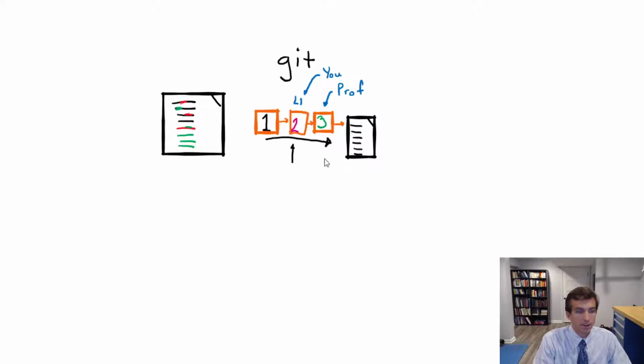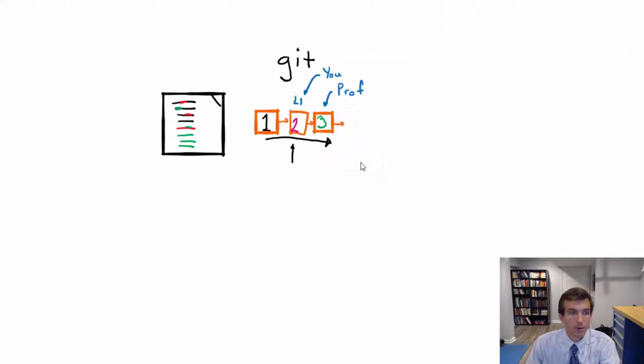And we're going to have this bounce back and forth. You're going to produce a commit, then I'm going to produce a commit. You're going to do one, then I'm going to do one. Okay? And the combination of our code is going to create the final program. But if at any point in time you want to go back and see what your code looked like at lab 1, you could just tell Git to go back to commit number 2.